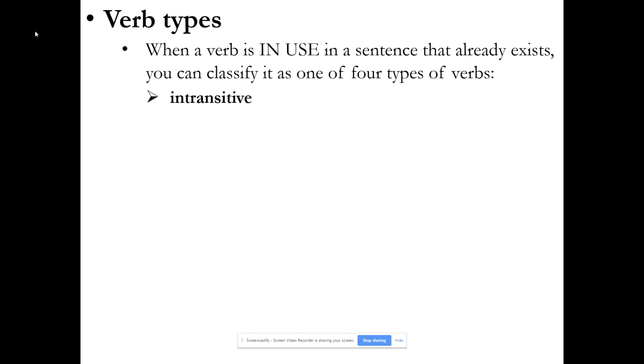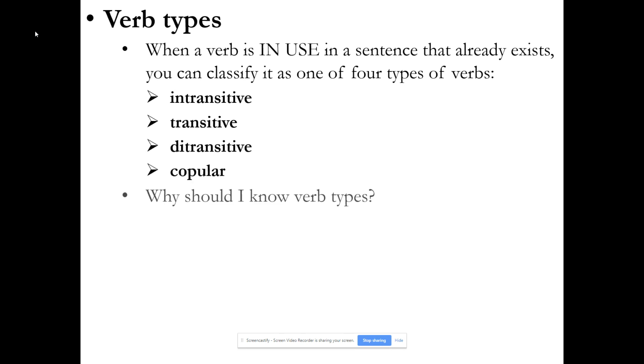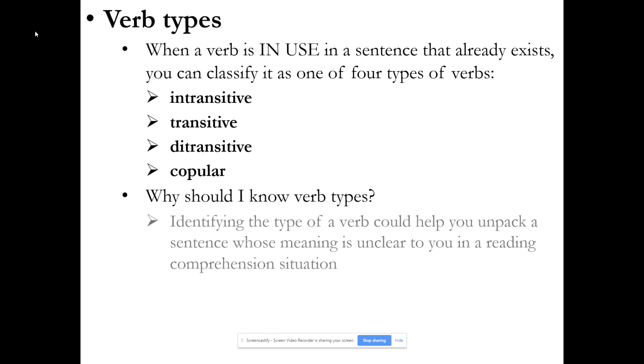So here are the 4 verb types you need to know: intransitive verbs, transitive verbs, ditransitive verbs, and copular verbs. Just a little note here: why should you know this? Why does this matter? Well, first of all, you are likely to come across sentences whose meanings you do not understand. You read the sentence once and you don't get meaning from it like you do with most sentences you come across.